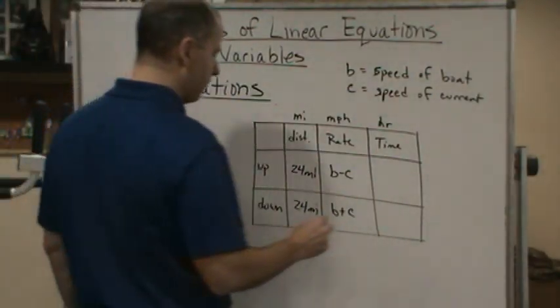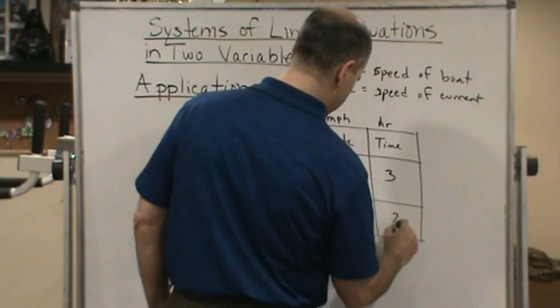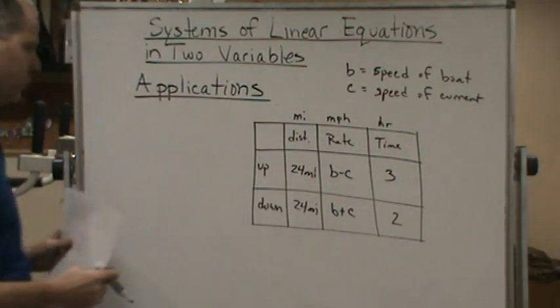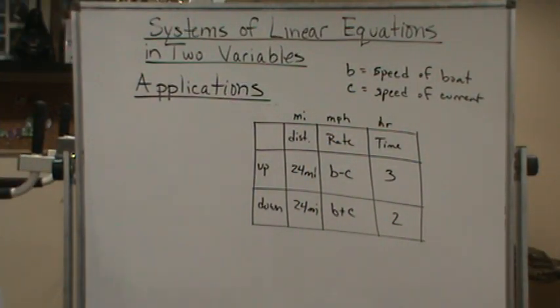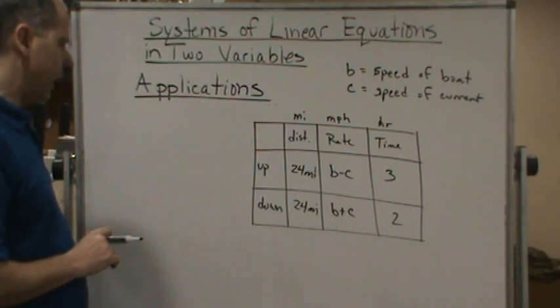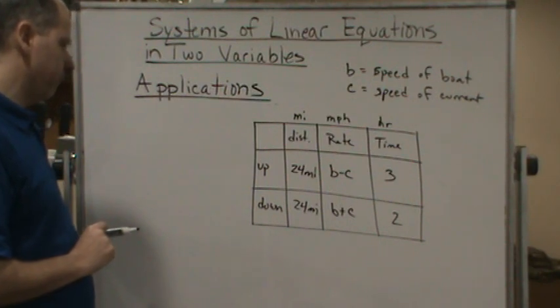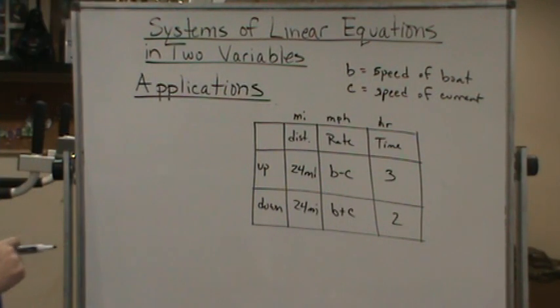And then the time, it took 3 hours to get there going upstream, but only took 2 hours going downstream. And here's the thing. We want to find what? The speed of the boat and the speed of the current.